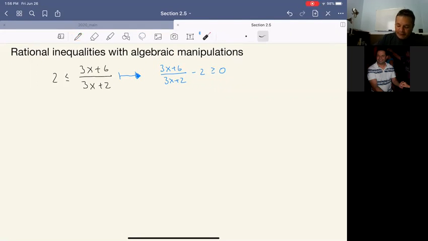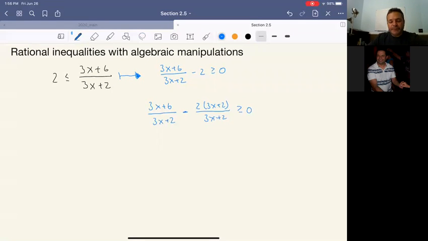Now we have to do a little common denominator action. Our common denominator is, of course, 3x plus 2. So I'm going to write this as (3x plus 6) over (3x plus 2) minus 2 times (3x plus 2) over (3x plus 2) greater than or equal to 0.